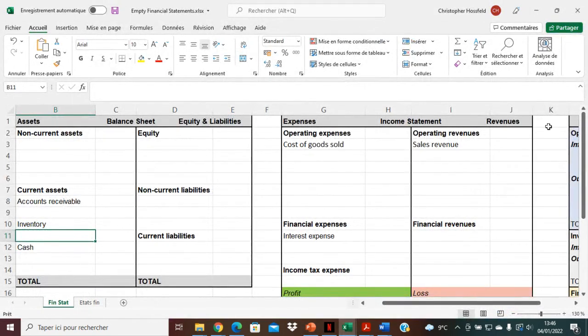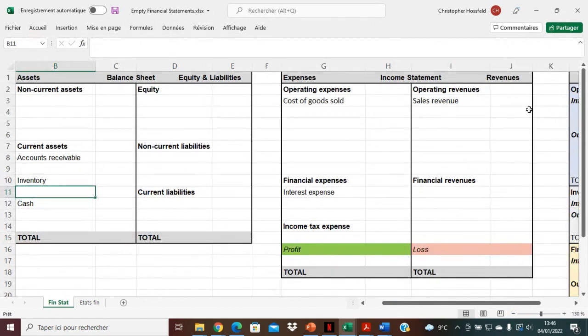I prepared here an empty balance sheet. So how does this transaction modify my balance sheet? First of all, equipment is an asset, obviously. When the shareholders provide me new equipment with a value of 80, my equipment increases by 80.